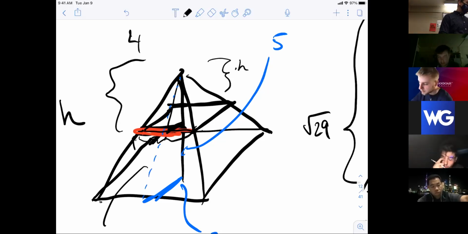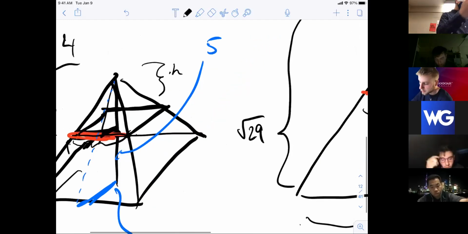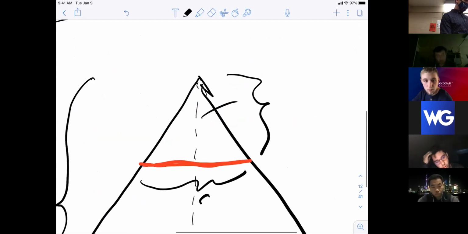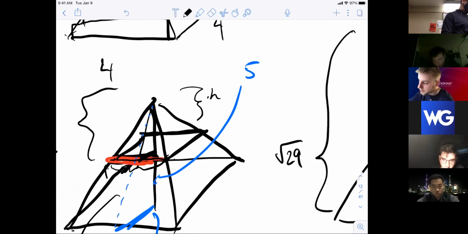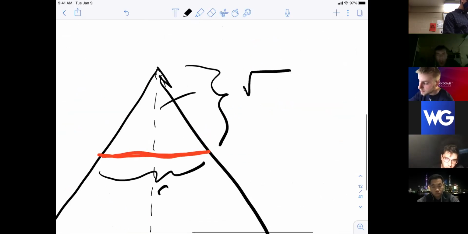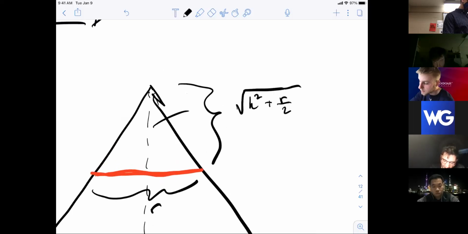So then the length of that slant is the square root of, well, we're calling that h, so that's h squared plus r over 2 squared.